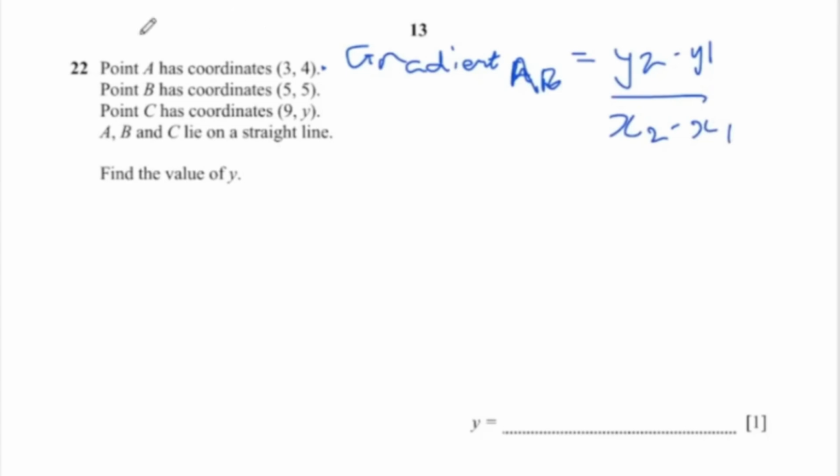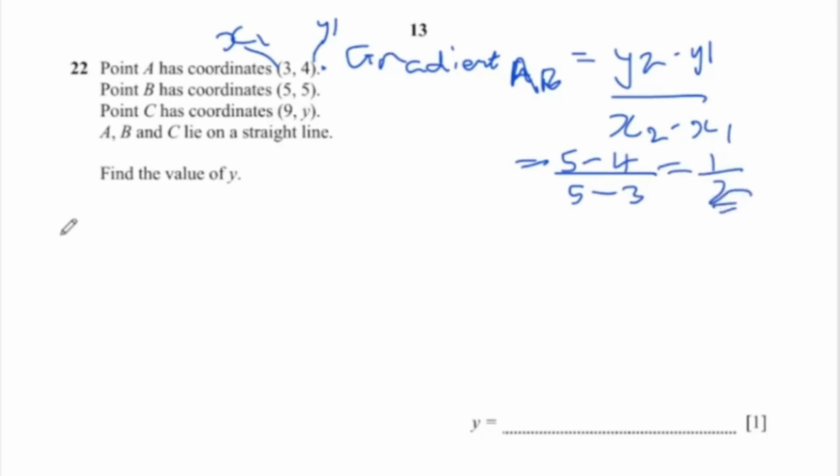So we take this as our x1, this is our y1, meaning that in this case, our x2 is 5, our y2 is 5. So let's find that gradient of AB. That will be y2, 5, minus y1, which is 4, divided by x2, 5, minus x1, which is 3. So this basically is 1 over 2.